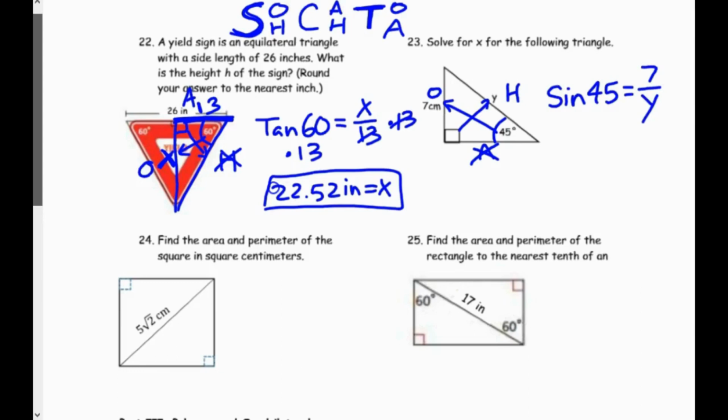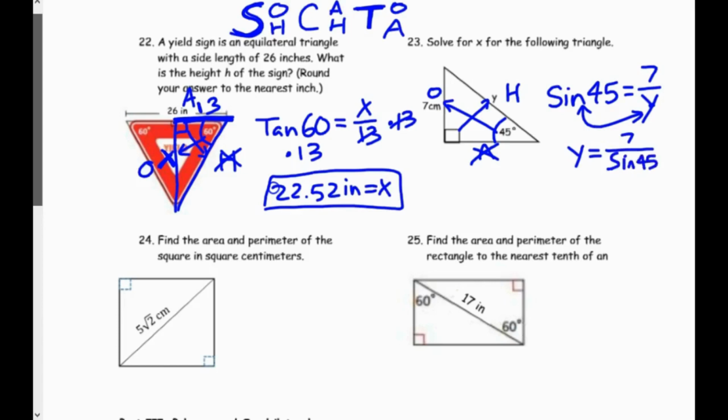Now this is that weird situation. Remember, when the letter y is on the bottom, our little mental trick, we're going to do 2 steps in one. We're going to take the left side and the bottom of that fraction and switcheroo. The y goes to the left, the 7 stays on top, but the sine 45 goes to the bottom.